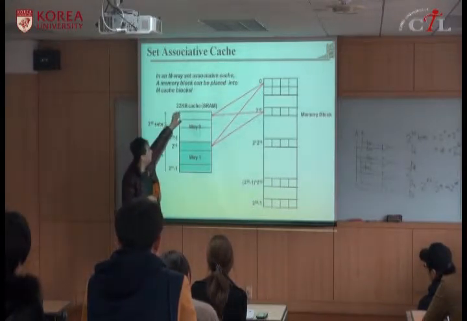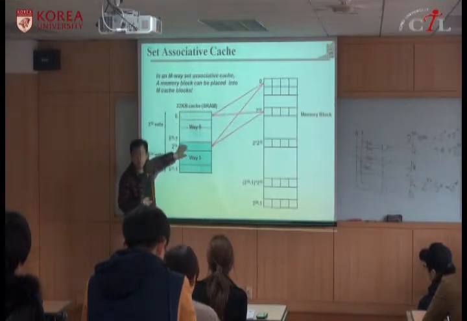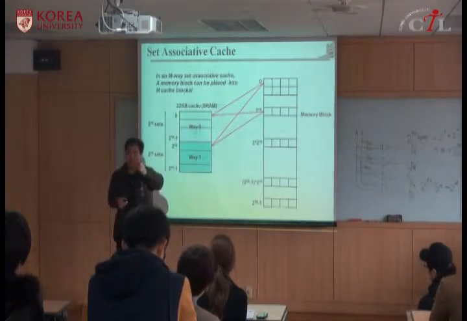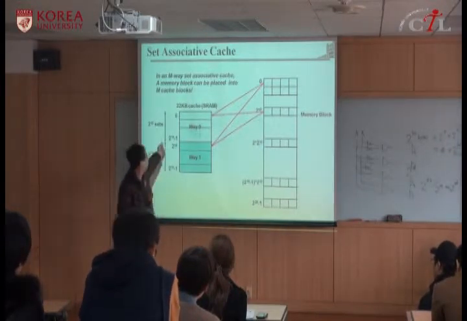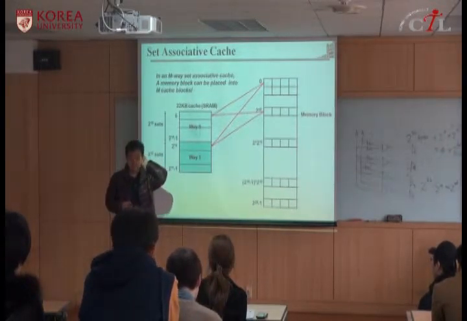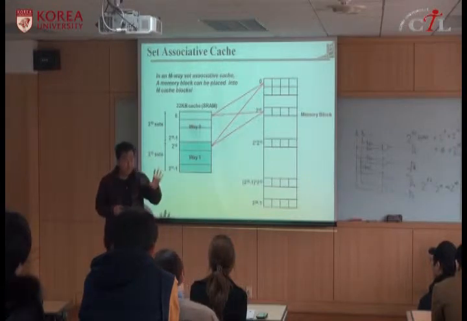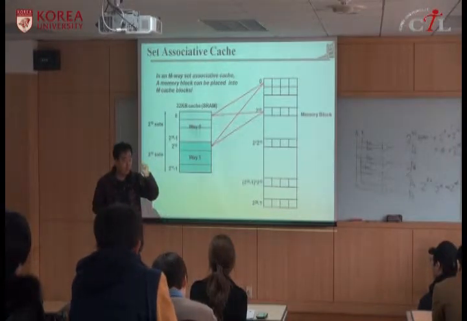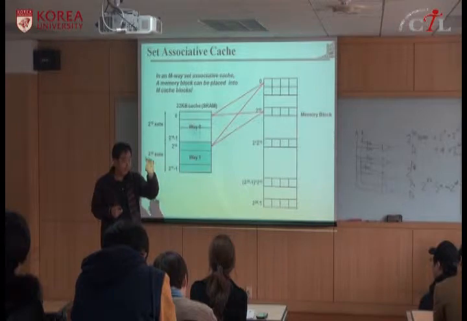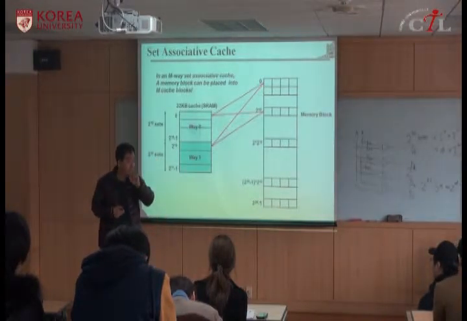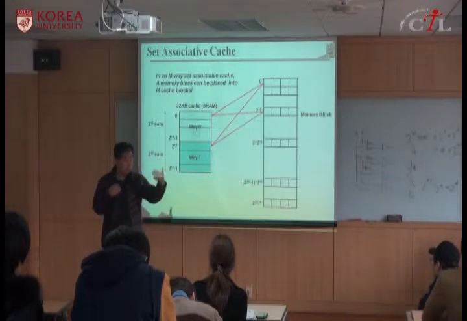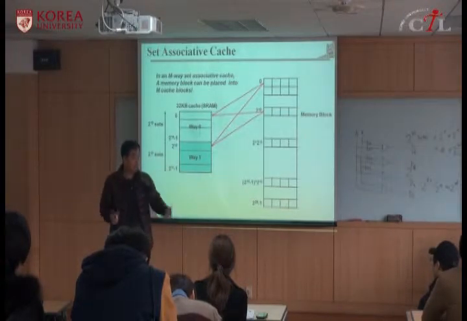Each set has one block from here, one block from here. Each set has 2 blocks. That's 2-way. And this index is called set index. So you need 10 bits to determine which set from the bank. You have to examine 2 banks, and you have to compare 2 tags, right? Because there are 2 locations. Okay?